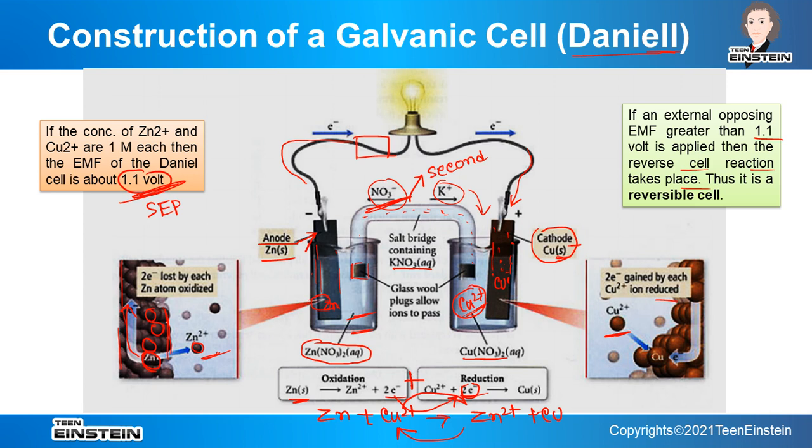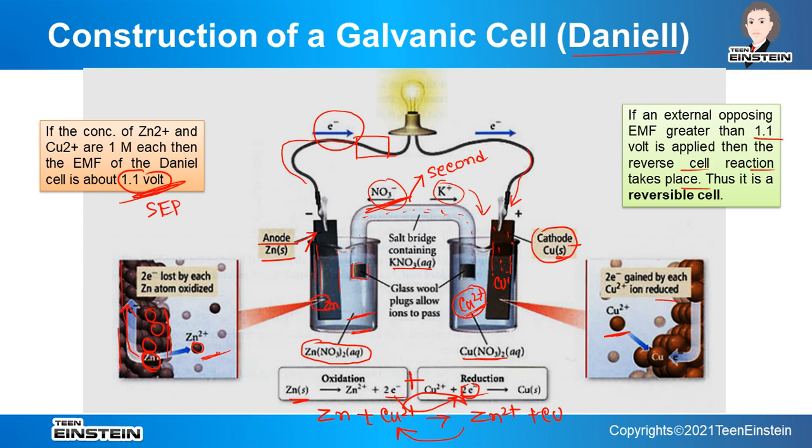And you can think that it is as if a conversion of electrical energy to chemical energy. When we first discussed the Daniell cell, it was simply conversion of chemical energy to electrical energy, because electrons are produced by Zn. But now if we forcefully apply an external opposing EMF greater than 1.1, the reverse reaction will take place.